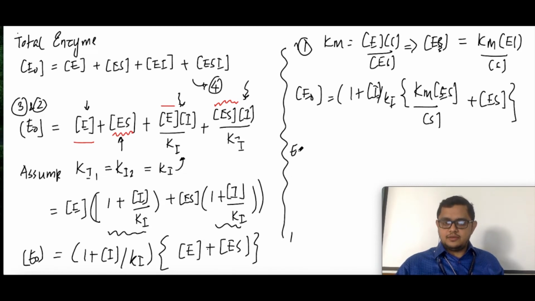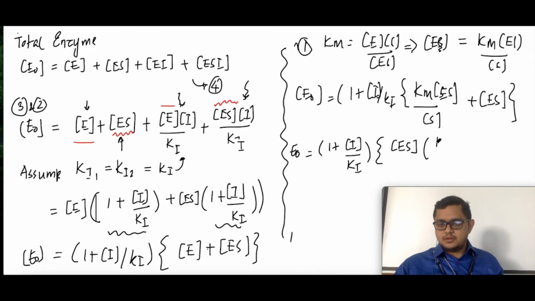So simplifying this, again I am taking ES common, so I am taking out Km divided by S plus 1. Right, I am erasing the left hand side so that we can continue.